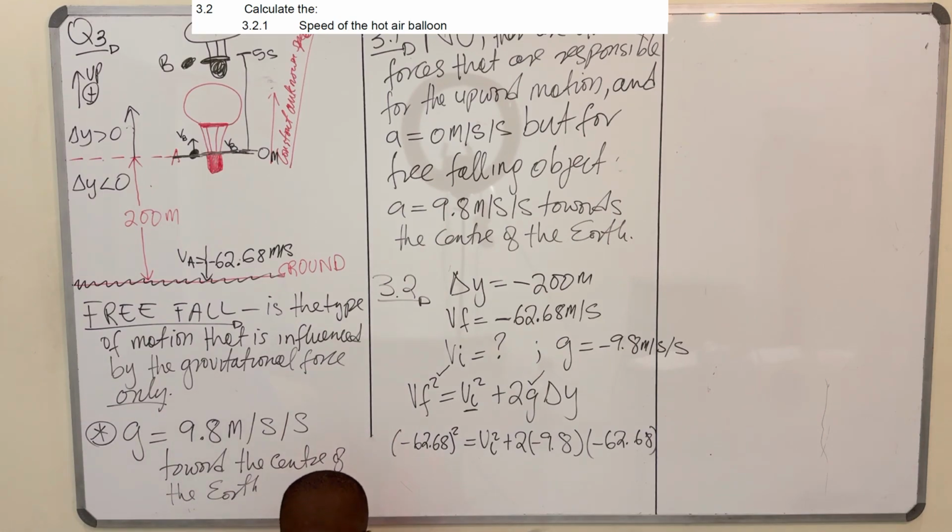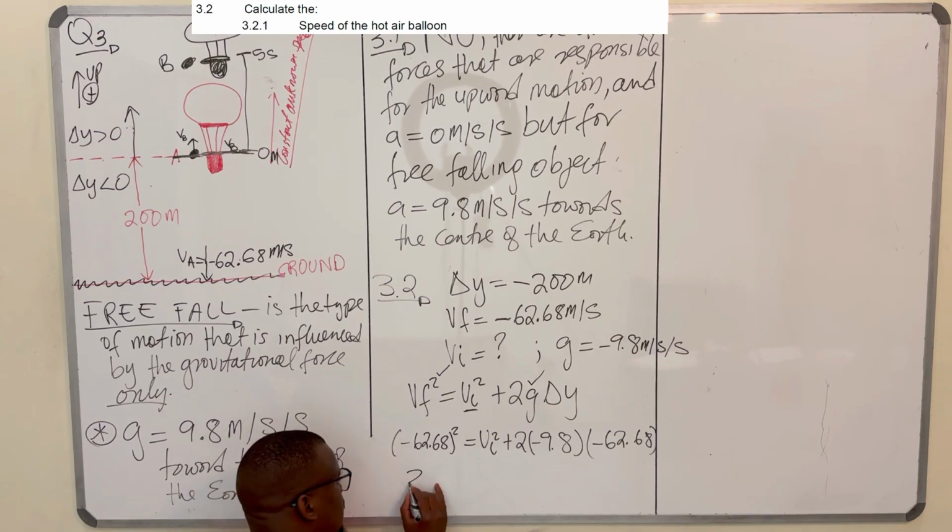Now let's use our calculator. We say minus 62.68 all squared.